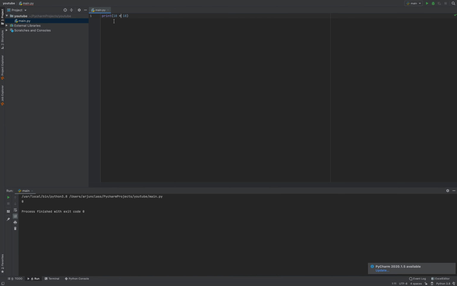There's asterisk, which is multiply. There's also divide. And then there's also this, which is pretty much dividing, but it turns it into an integer at the end.